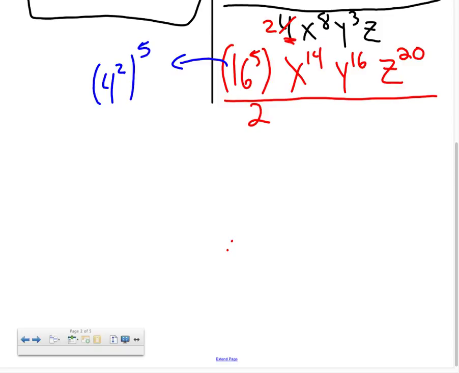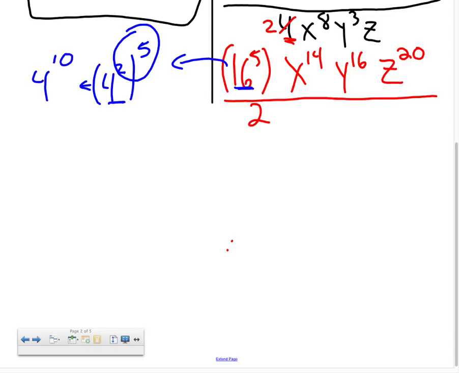Because that's what that means, right? 16 to the 5th is 4 squared to the 5th, because 4 squared and 16 are the same thing. All I did was replace this with 4 squared. And now I can see that, well, this right here, I know how to do that. It's a power to a power. That's just going to be 4 to the 10th.